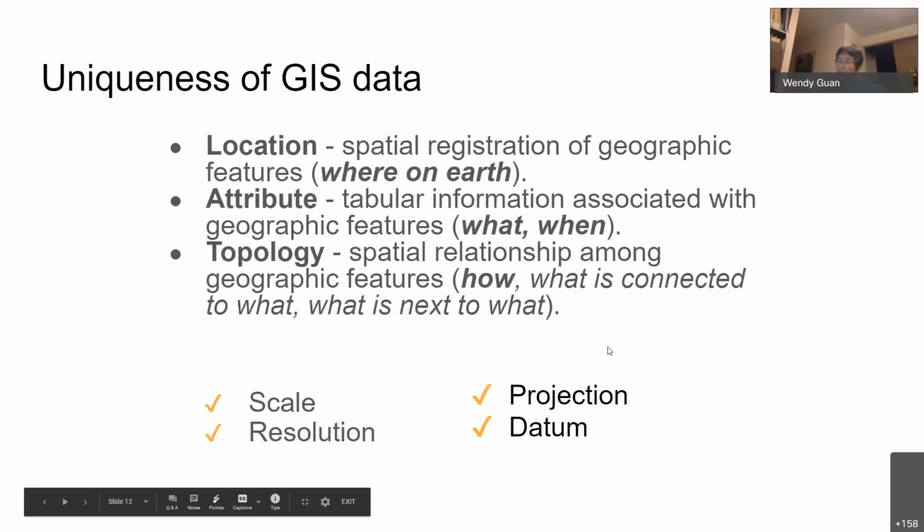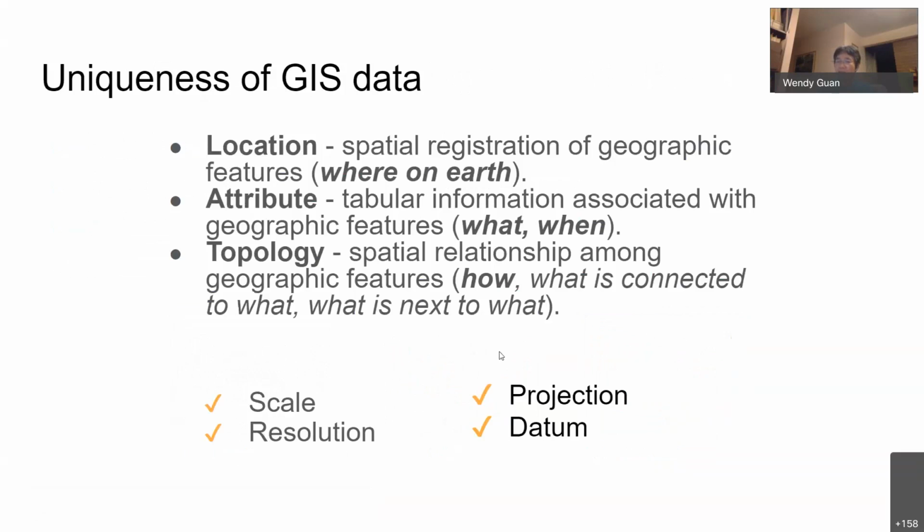And why do we study that so intensely? Because it has unique properties. It records the location, the description about that location, which we call attributes, and the spatial relationships among them, how things are connected, what is next to what, are overlapping with what, right?